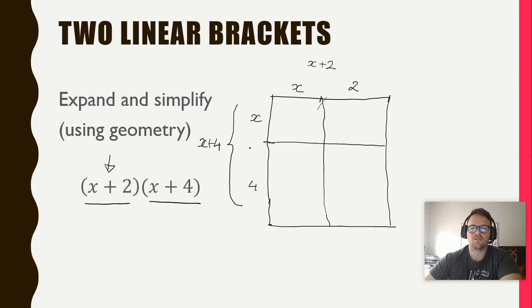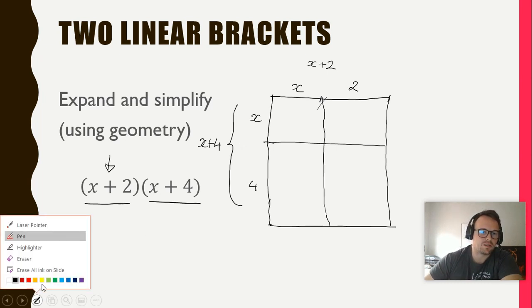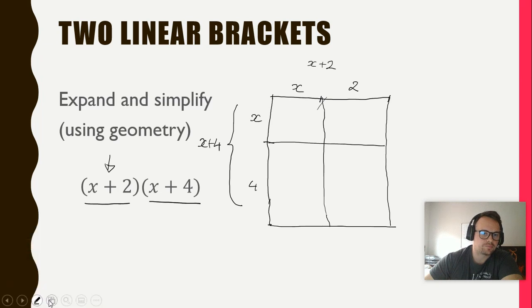So what are we seeing? Let me use the highlighter. Multiplying x plus 2 and x plus 4 is the same as finding the total area of this rectangle. But what is this rectangle made of?